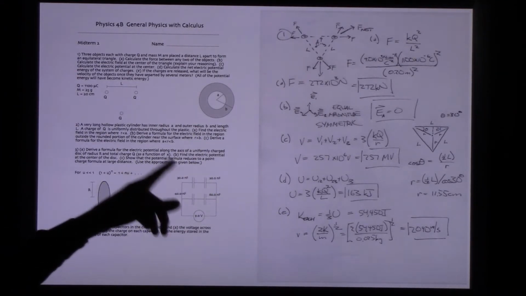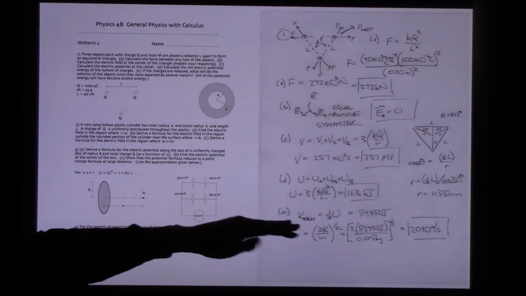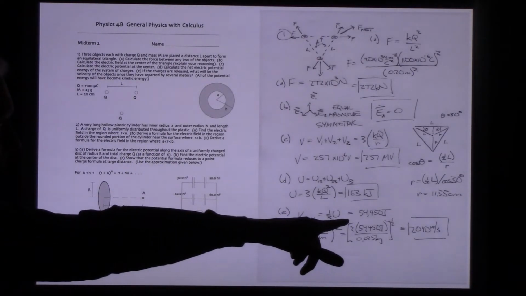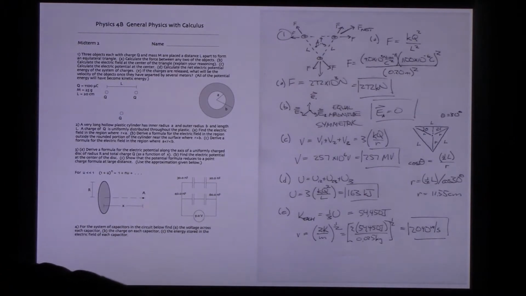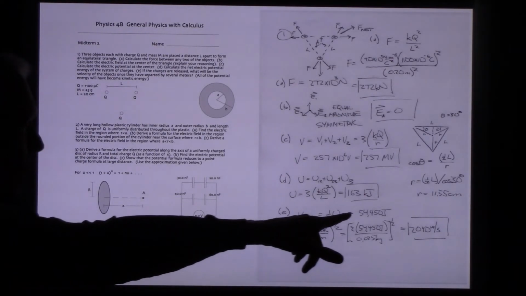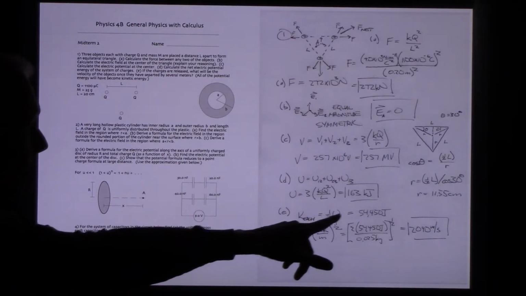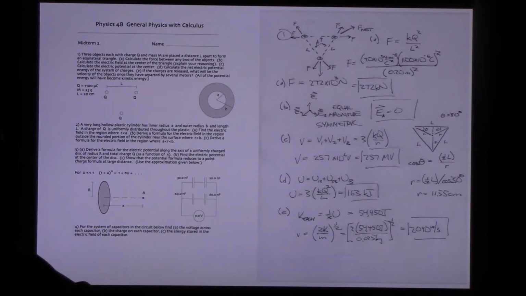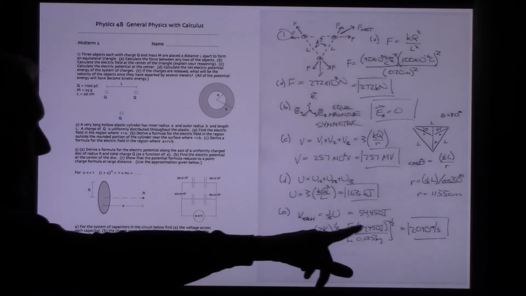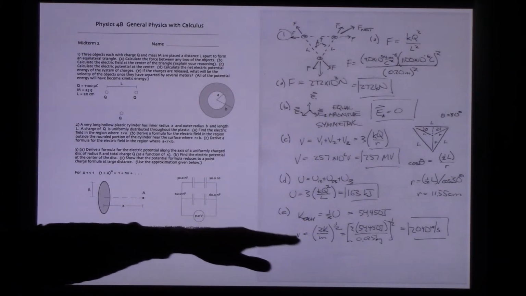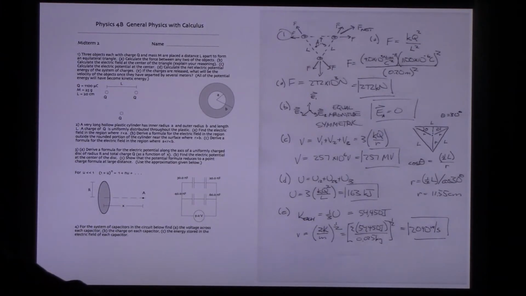Now, because of the symmetry in the problem, the potential energy is going to get divided up evenly. Each one will acquire 1/3 of the total potential energy, and plugging those numbers in and then using the mass, we're able to determine that they're going to pick up a speed of 2,090 meters per second.